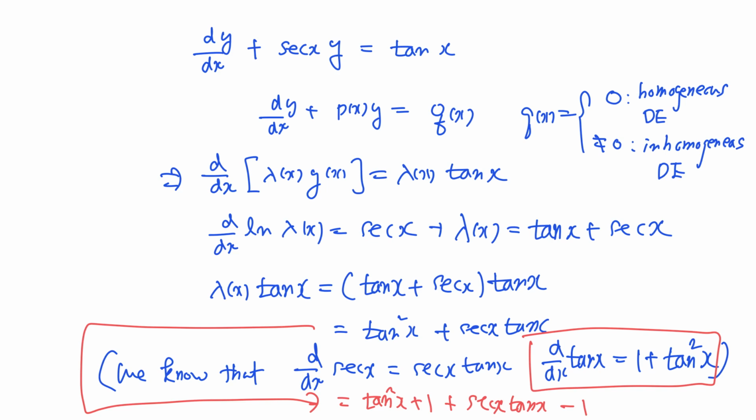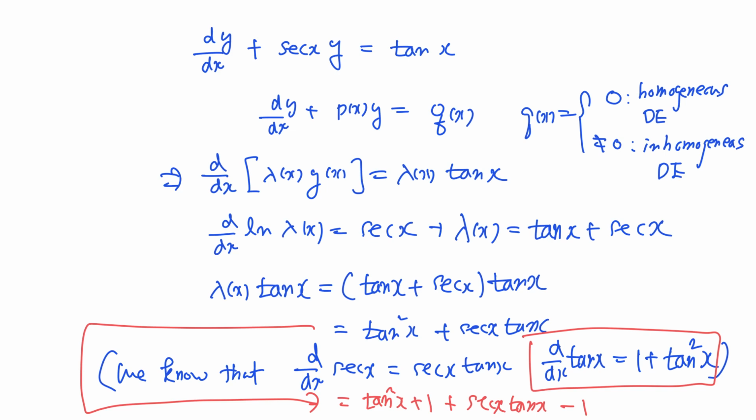On the other hand, the derivative of tangent x is 1 plus tangent square x. So I apply the principle of doing nothing: plus 1 minus 1 is equal to 0.